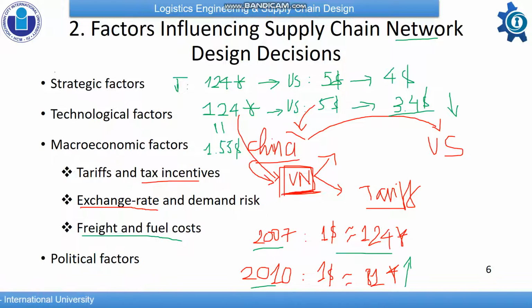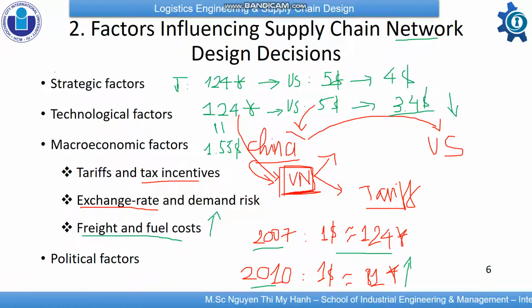So we also have fluctuation in freight and fuel cost, and the fluctuation in freight and fuel cost will affect the profit of the global supply chain. So if the fuel cost increases and the freight cost increases, it means the transportation cost will increase.